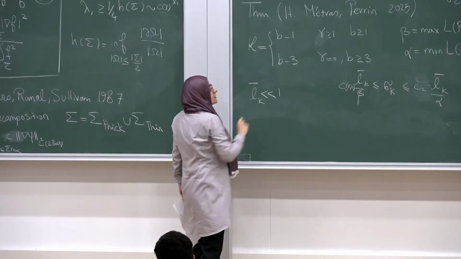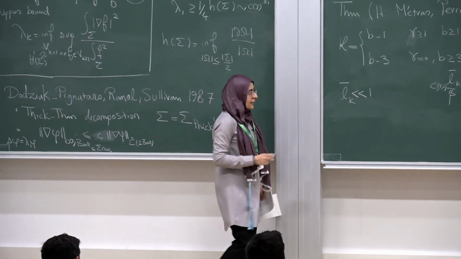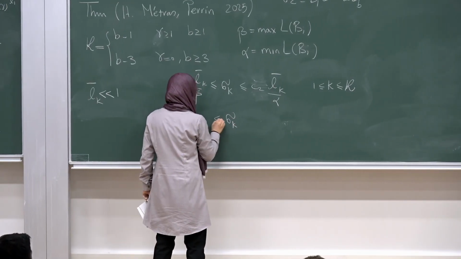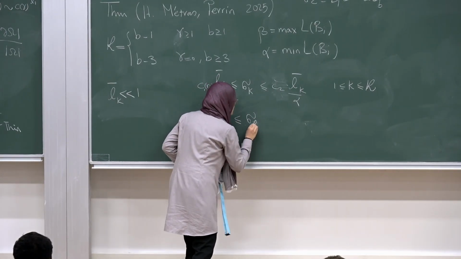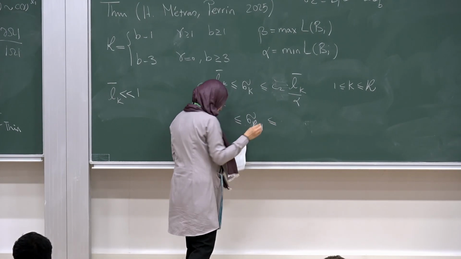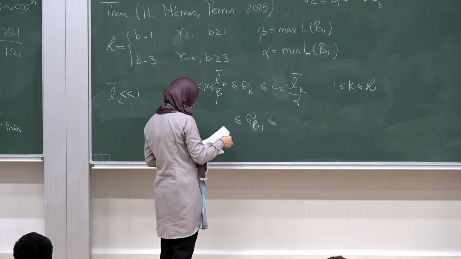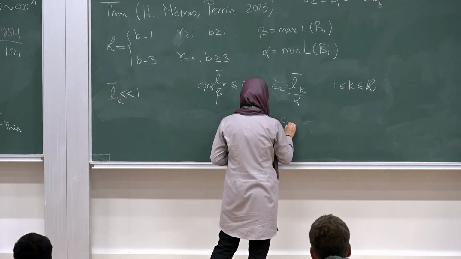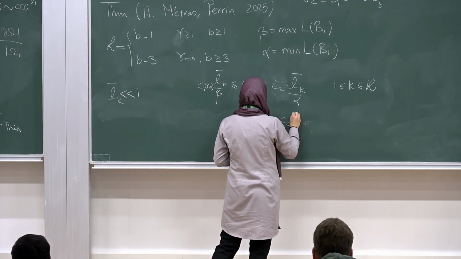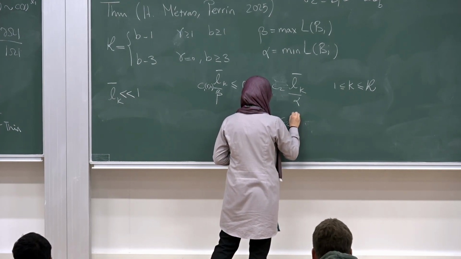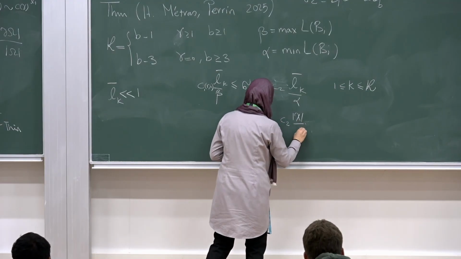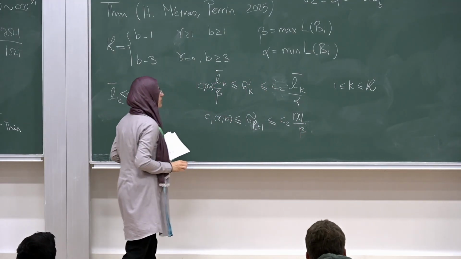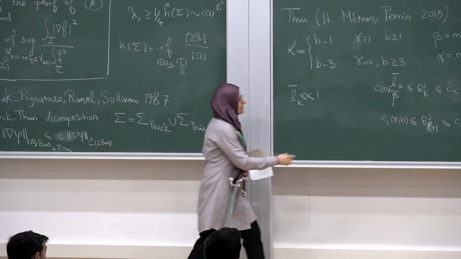It's very similar to the Schoen-Wolpert-Yau inequality, and then sigma kappa plus 1 is between C2 and so on, so we have this gap.